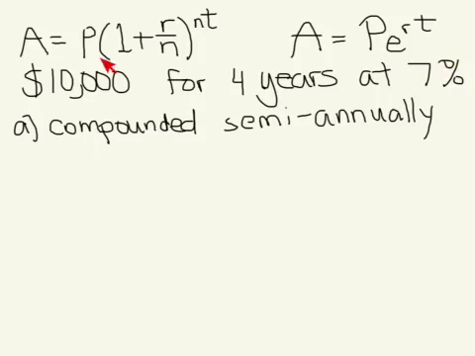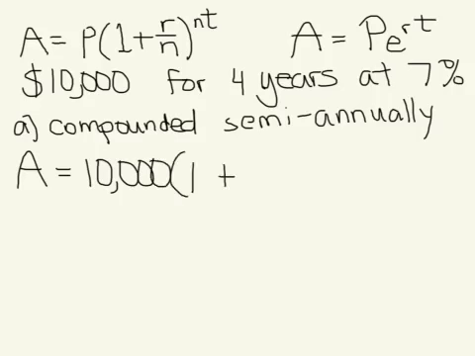The first one in A, we'll use this formula, and then we'll use another one that uses this one. All right, so we want to do, first of all, compounded semi-annually. So we're going to use the first formula, and that would mean that A is equal to, principal was $10,000, that's how much you put in, times 1 plus R, the interest rate.